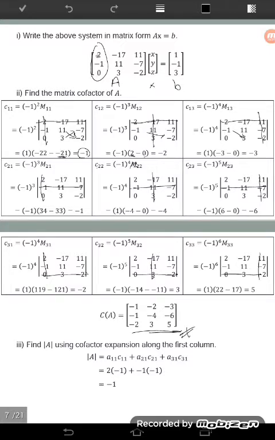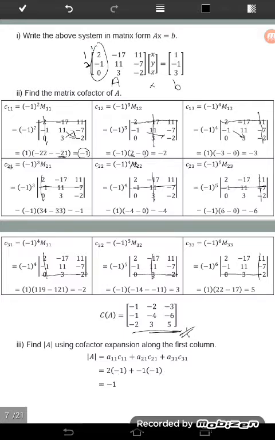Okay, so therefore, we have A11, A21. Okay, so which is 2 times its cofactor. So for the row 1, column 1, we have this one. Cofactor is negative 1. Okay, so 2 times with negative 1. And then for the negative 1, this one, it is row number 2, column number 1.